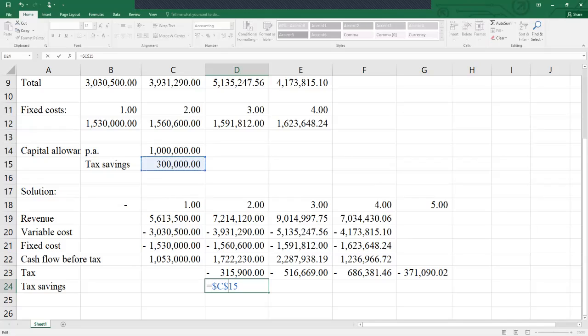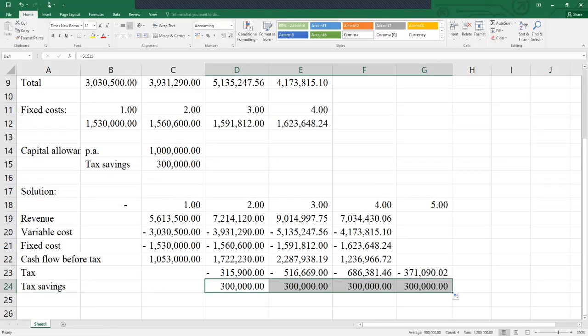It is the same for the entire 4 years, so now I can drag my formula. Don't forget, in case you want to do that, you need to lock the cell using the dollar sign. So tax saving, I've done that. Working capital: is there working capital here? There's no working capital here. And that is it.